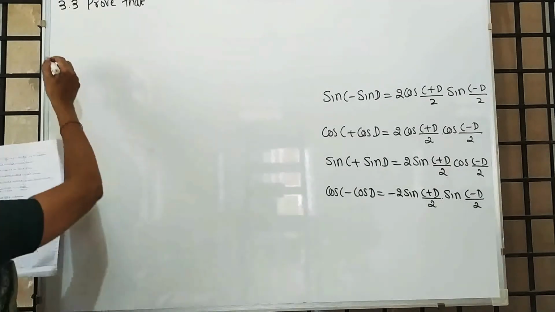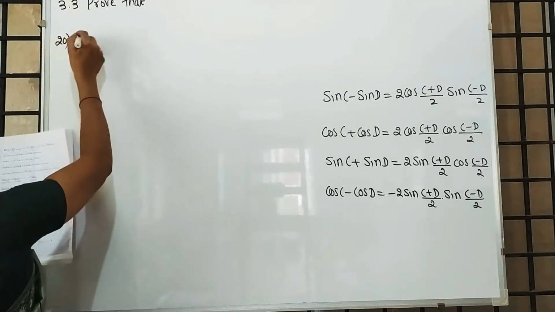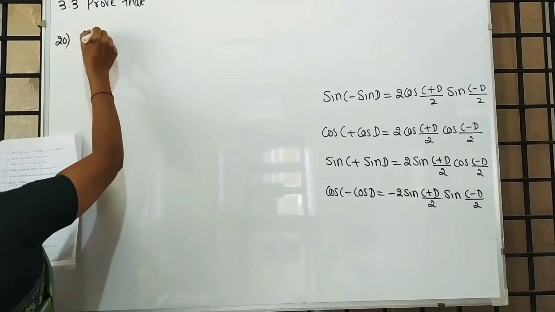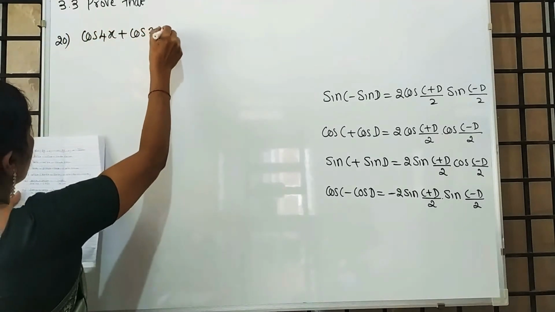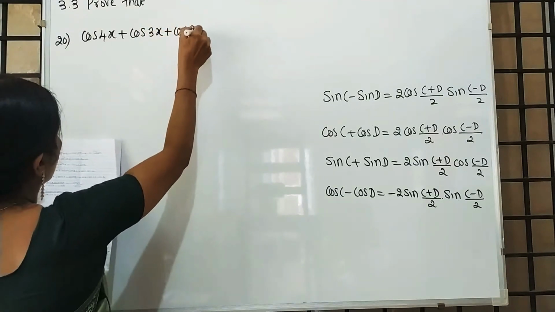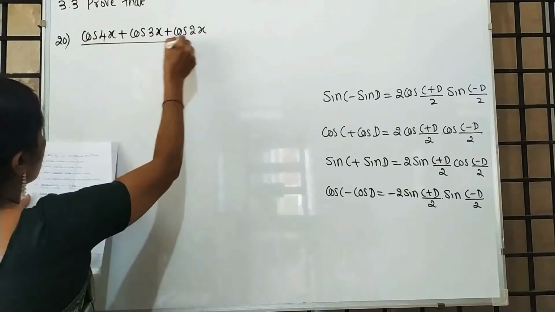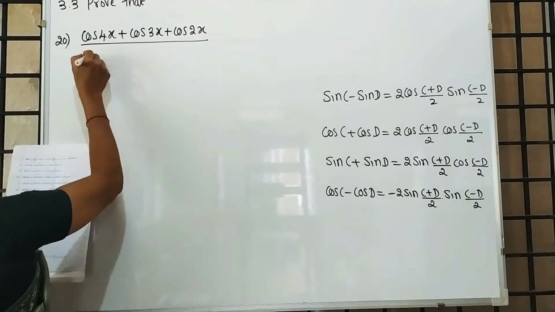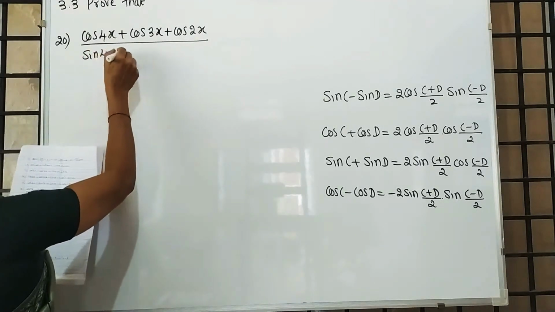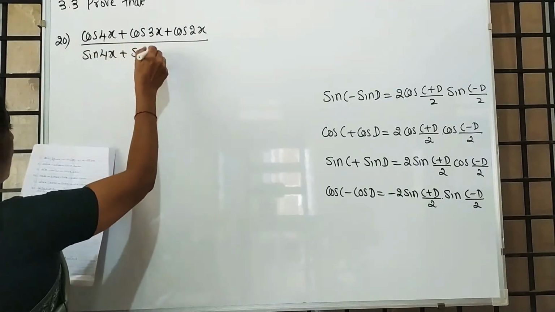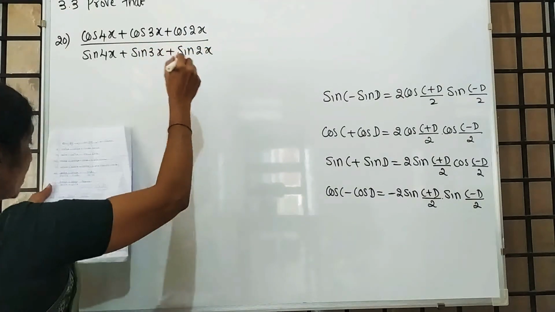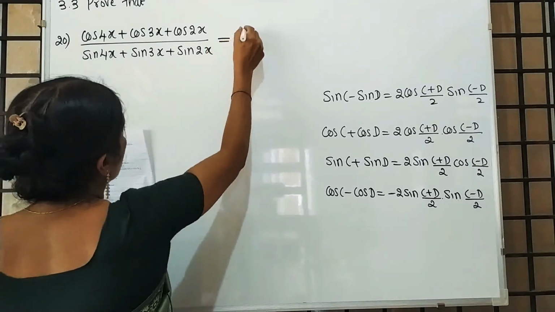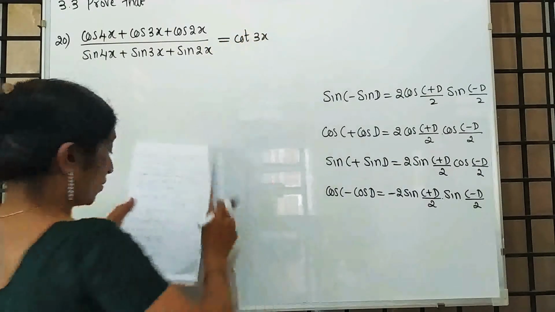Question number 20, same, prove that (cos 4x plus cos 3x plus cos 2x) divided by (sin 4x plus sin 3x plus sin 2x) is equal to cot 3x.